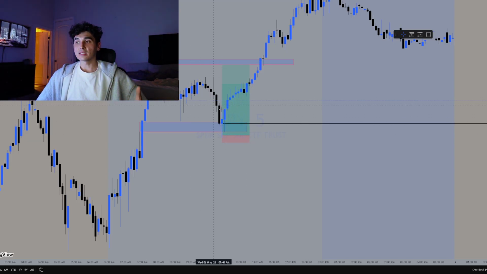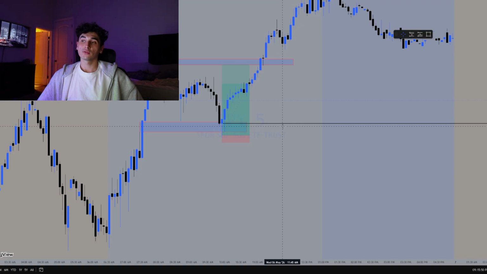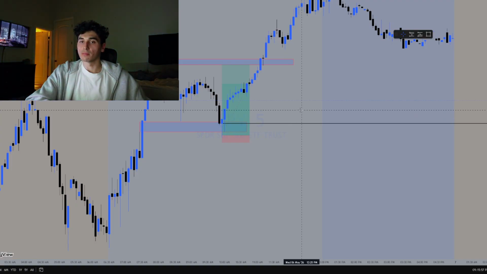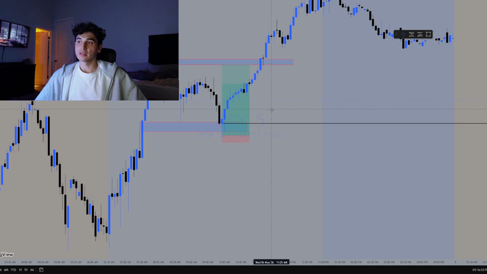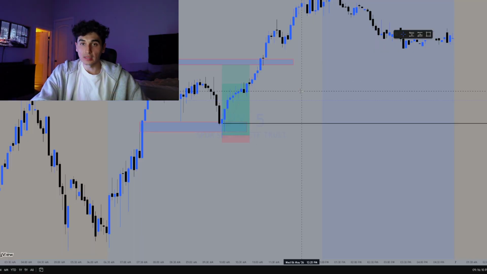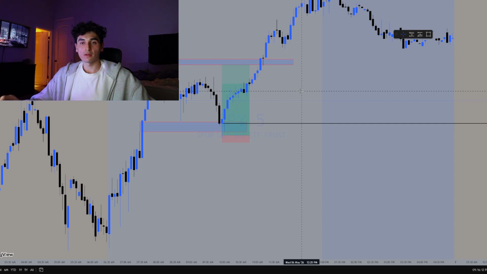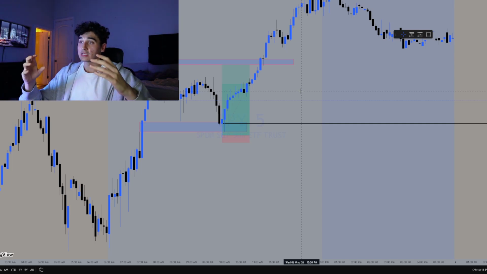So me seeing this rejection and bounce just gave me more confidence within my trade, because I knew that, okay, buyers are obviously still mainly in control. Buying momentum is still obviously in control. Therefore, it gives us more confidence that our trade is going to work out to the upside because that's where the momentum is.